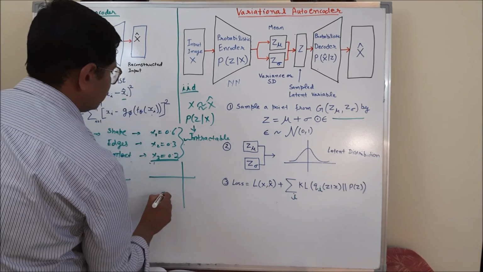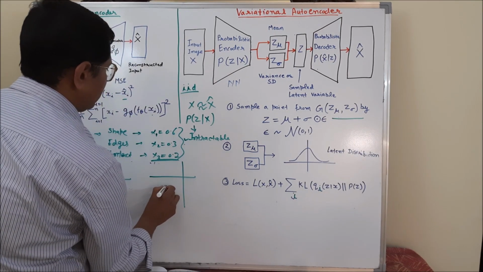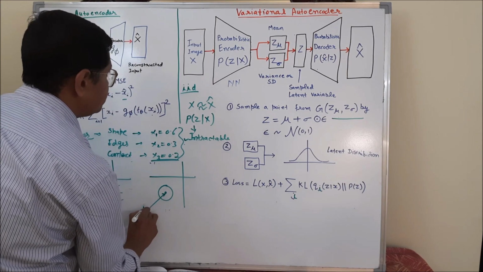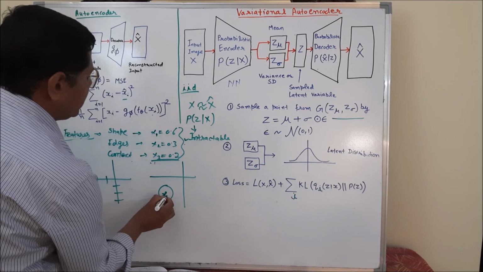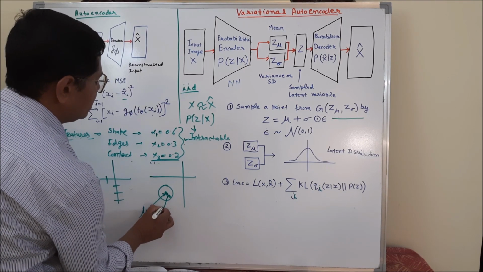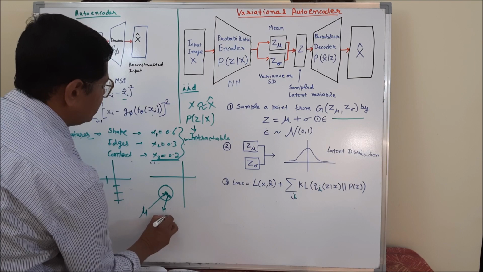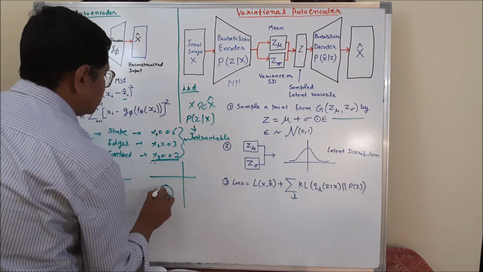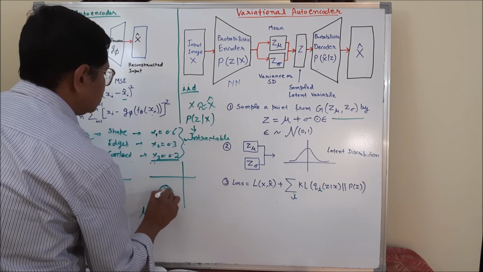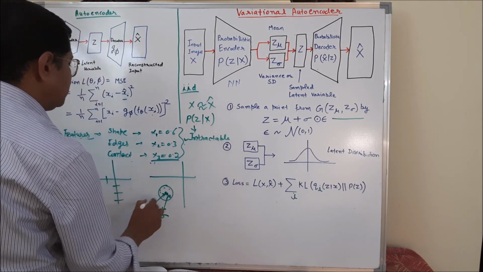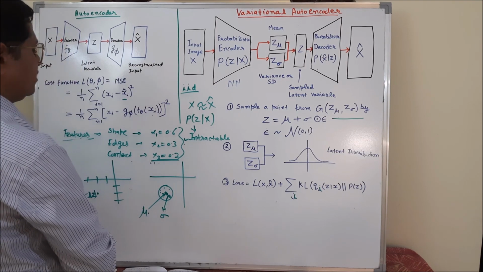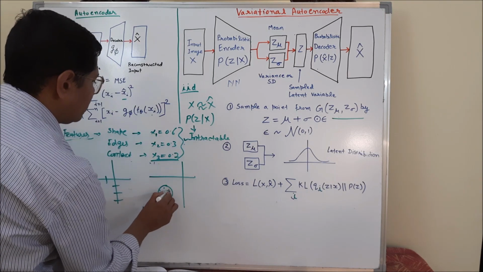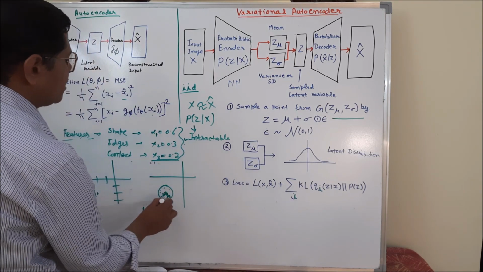This provides us freedom. So for example, if this is a mean, then this distance will be represented by standard deviations, and all the points surrounding those means will have a very high similarity with respect to this mean, and the sample latent variable will select the point from this area, means surrounding the mean.